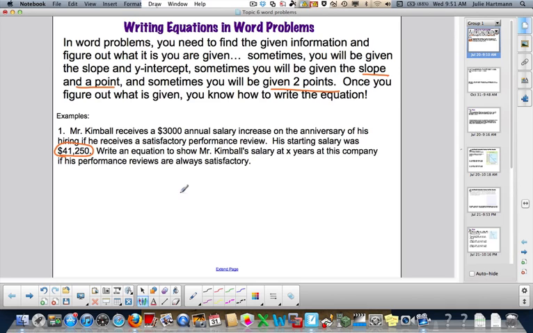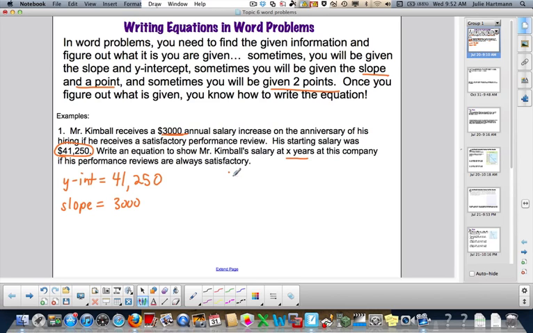All right, now he receives a $3,000 annual salary increase. So if we're talking about X years at the company, this is going to be our change in each year, so that's going to be our slope. Our slope equals 3,000. So when we write our equation, let's talk about his salary.